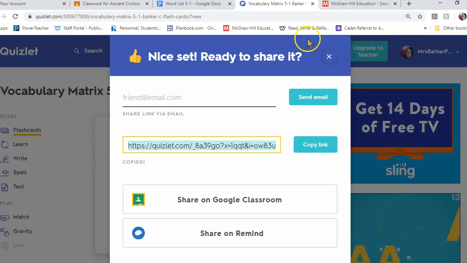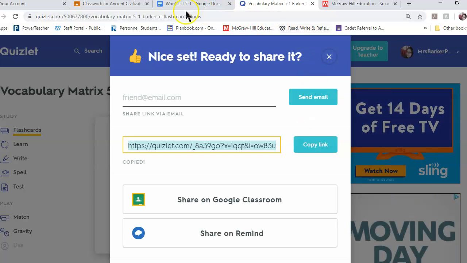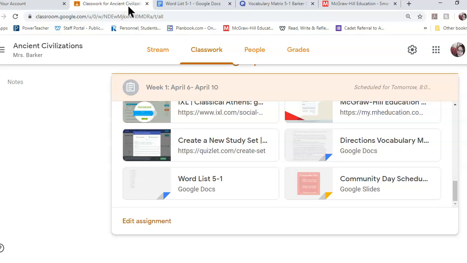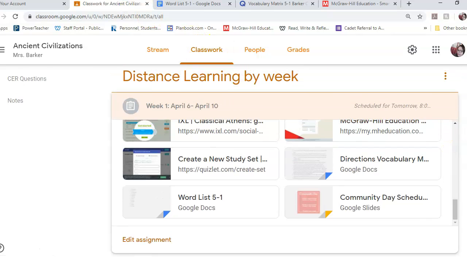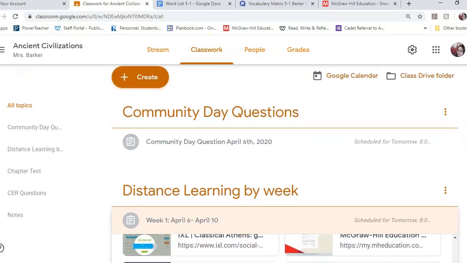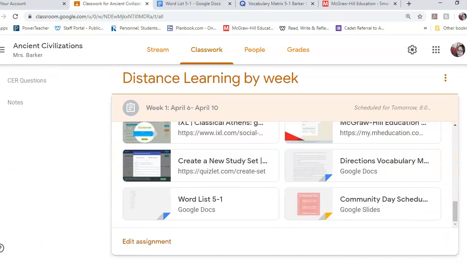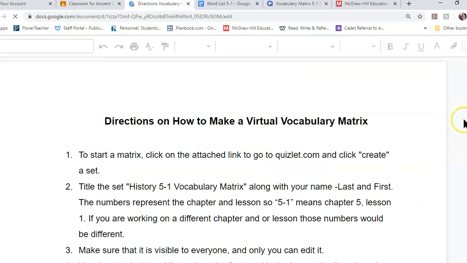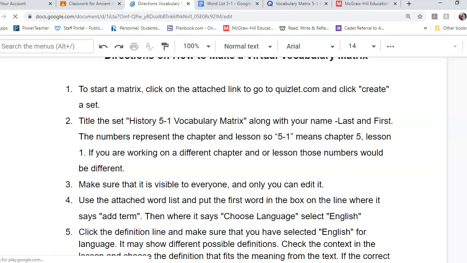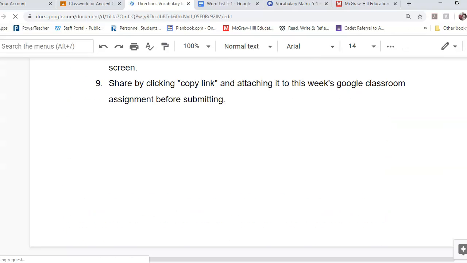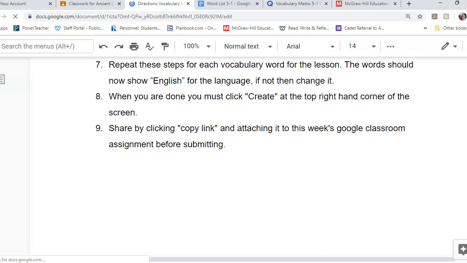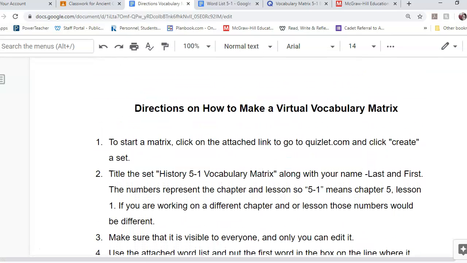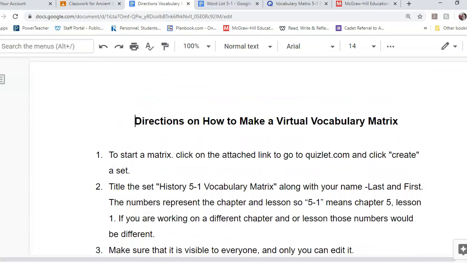Okay. Then you will go back to Google Classroom. And you will, where's that? Oh, this is exact wording on how to do that. So you see this gives us step-by-step directions on how to make your virtual vocabulary matrix.